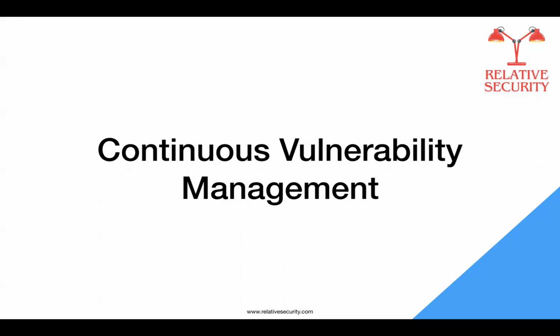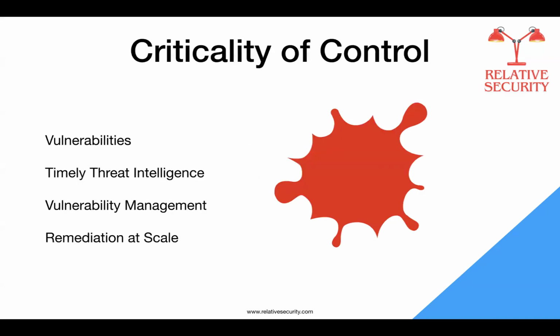Now, when we talk about the criticality of the controls, we need to understand that cyber defenders are in a constant battle with attackers who are seeking vulnerabilities to exploit in their infrastructure.